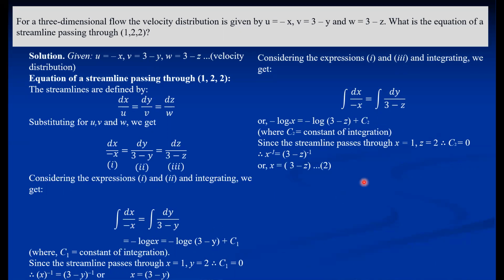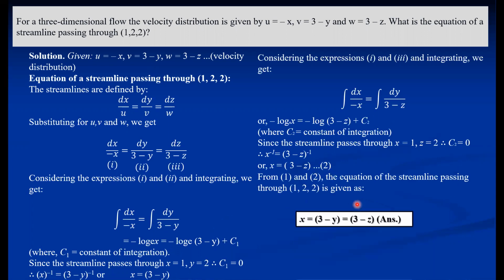So this is equation number 1 and this is equation number 2. From 1 and 2, at 1, 2, 2, the equation is x equal to 3 minus y equal to 3 minus z. So this is the equation of streamline, the relation between x, y, and z.